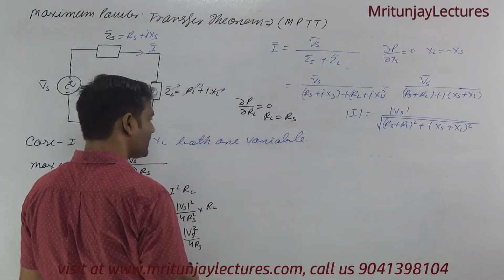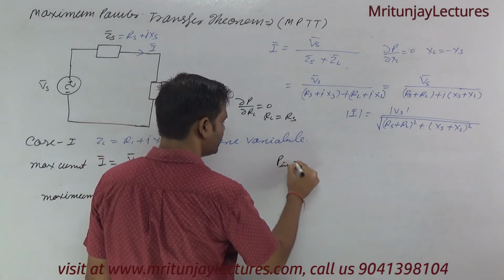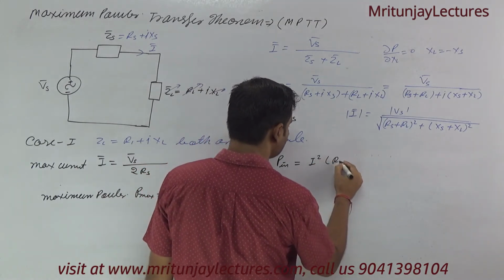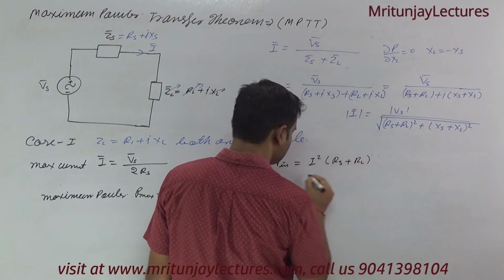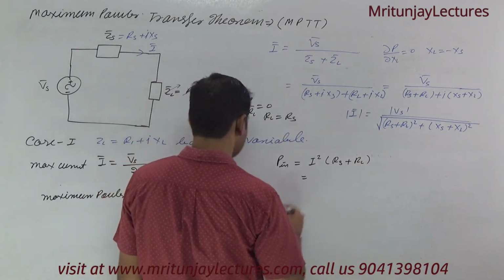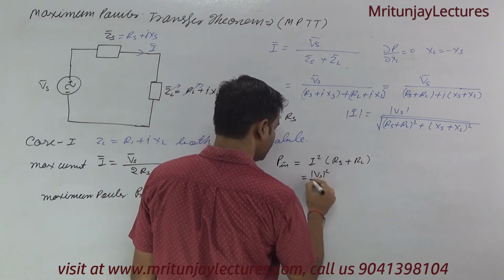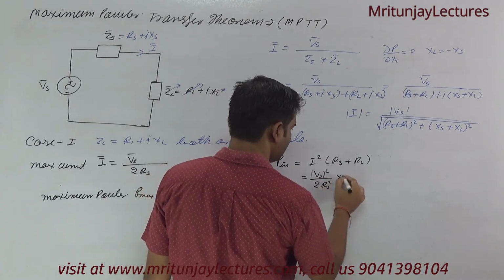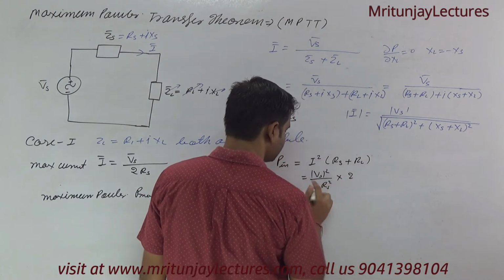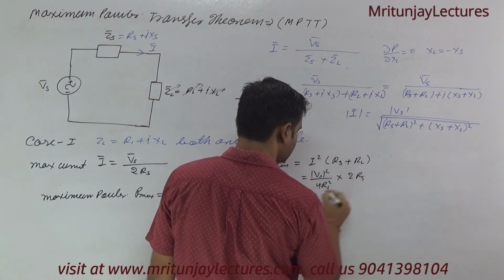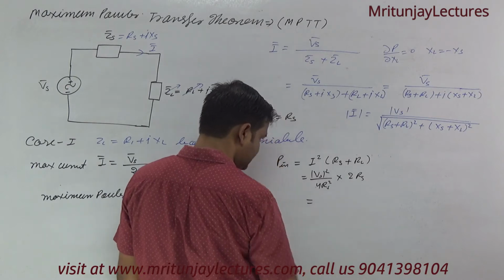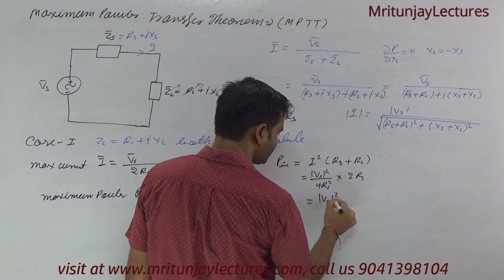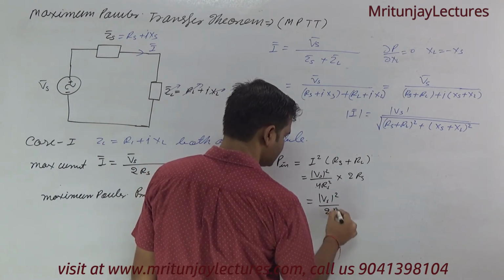Another way: what about Pin? That is I squared times (RS plus RL). I is the mod of Vs divided by 2 RS, so we write Pin equal to Vs squared upon 2 times RS.